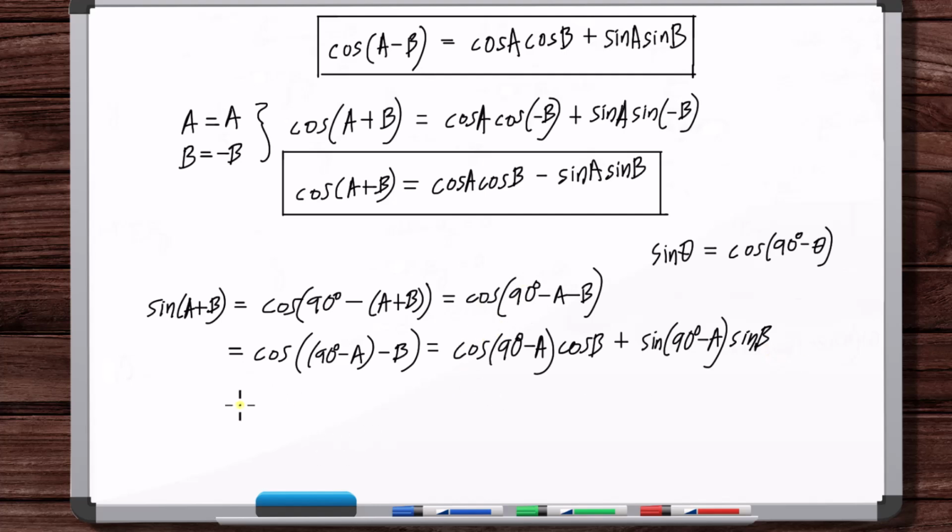Okay. So now cosine of 90 minus a, based on the cofunction identity, is sine a. So sine a cosine b. And then sine of 90 minus a is cosine a. And there we go.